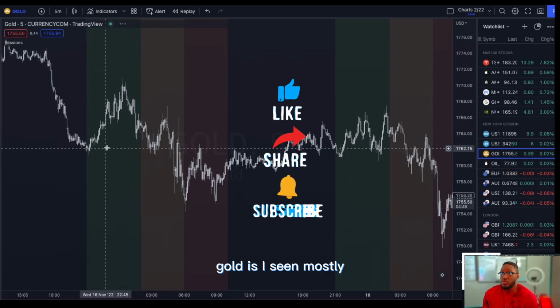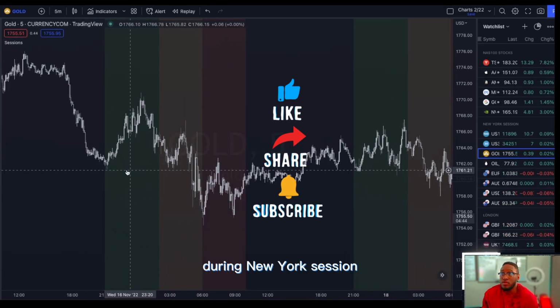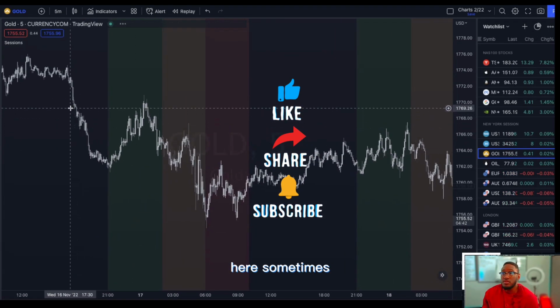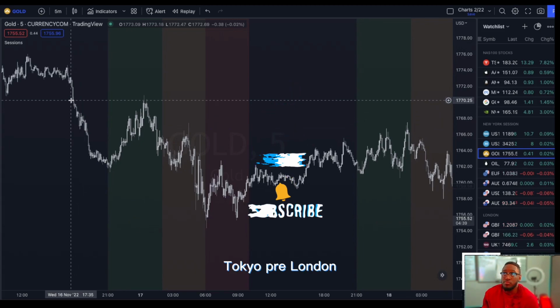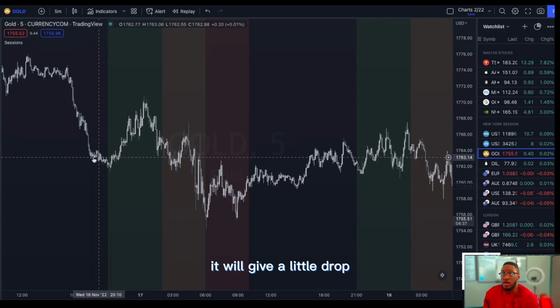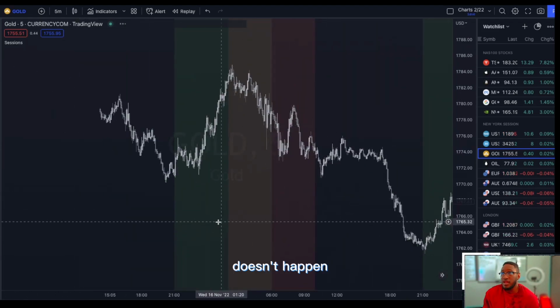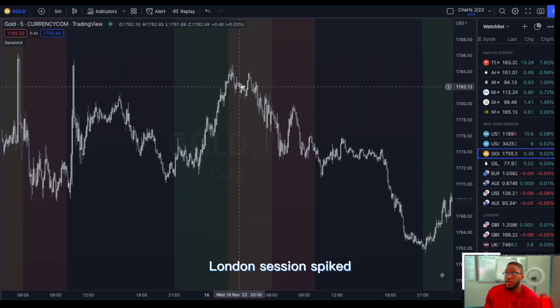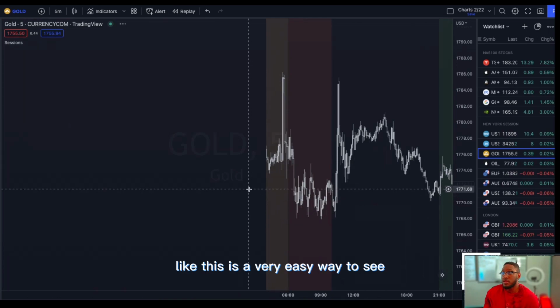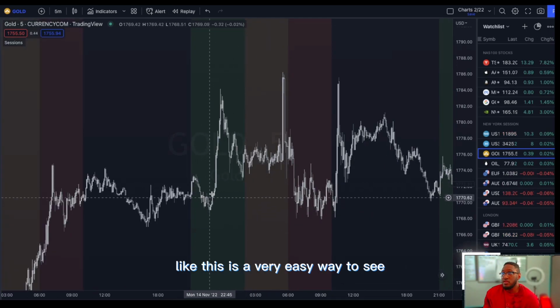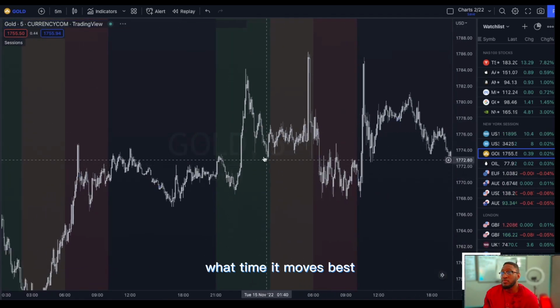I've seen gold mostly moves well during New York session, but sometimes even during Tokyo or pre-London it will give a little drop or whatever. It doesn't happen all the time. London session spiked, New York session came down. This is a very easy way to see, whatever you want to trade, what time it moves best.